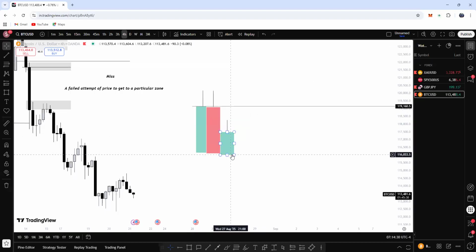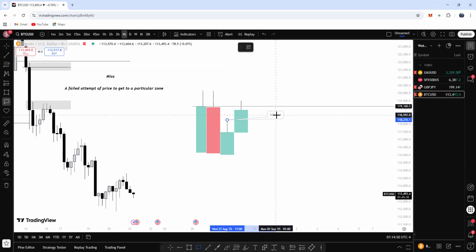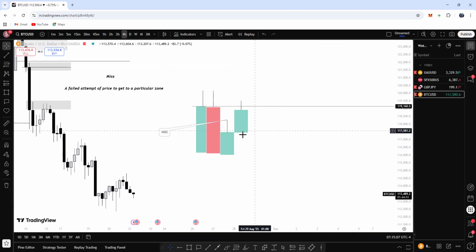Let me use this one again. Later on, the next candle or after some time, it got there. So now this one becomes your miss, or your liquidity. So this is your first characteristic of a valid SNR level.